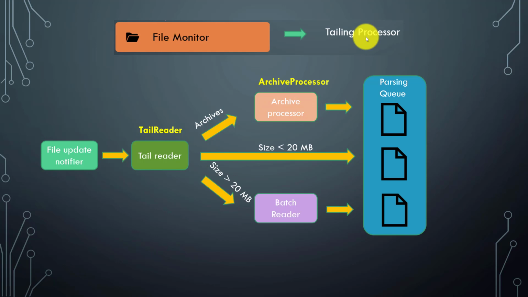For the archive processor, the component name is archive processor. For the batch reader, the component name is batch reader. And for the overall processor, the component name is tailing processor. Let us now explore our internal index and see how we can map these concepts.